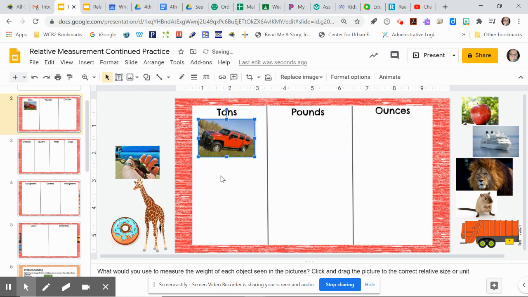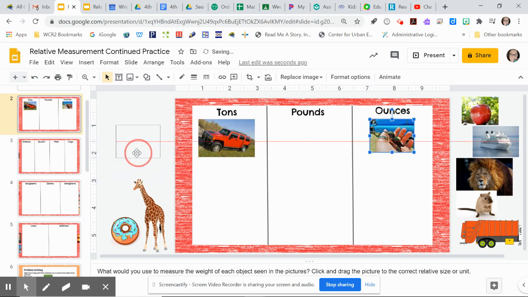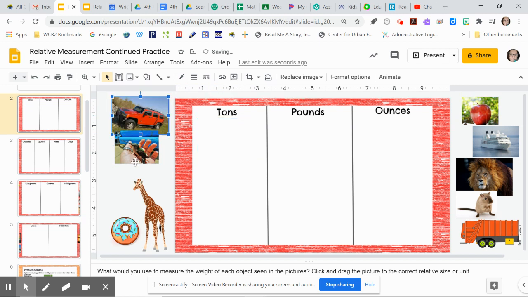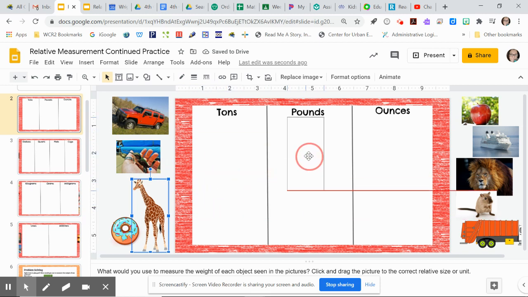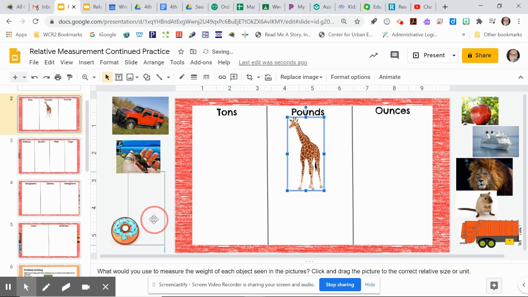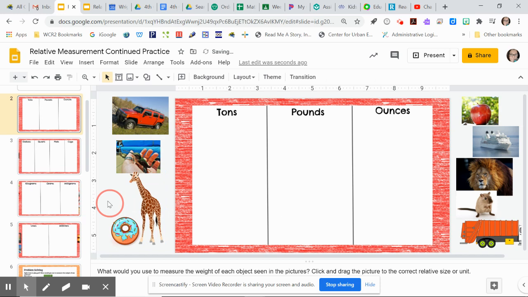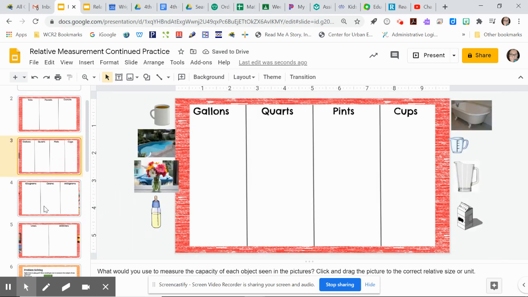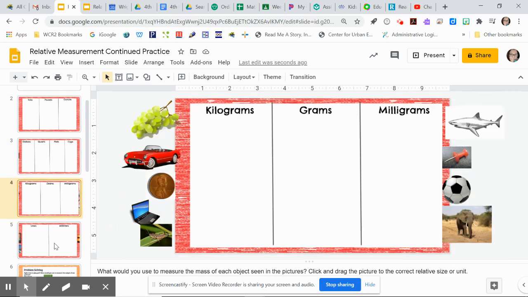For me, obviously the car would go in tons, and a hummingbird's pretty tiny, so it would go to ounces and so on. You're going to sort the pictures of those objects into which category each one will go into. If you think the giraffe goes here and whatnot. Obviously, you need to sort every one of the pictures. You're going to continue to do that all throughout slides 2, 3, 4, and 5.